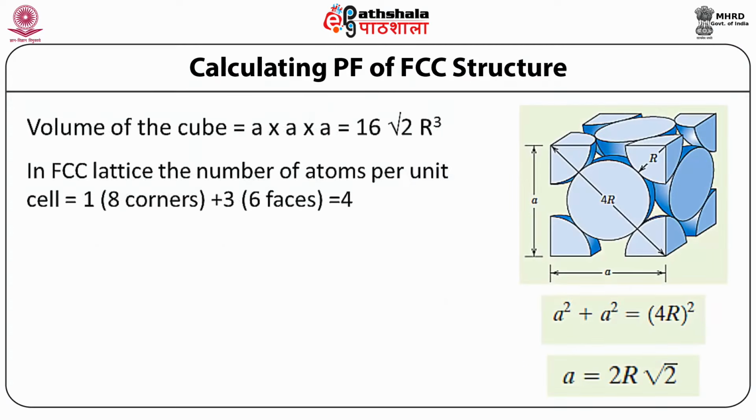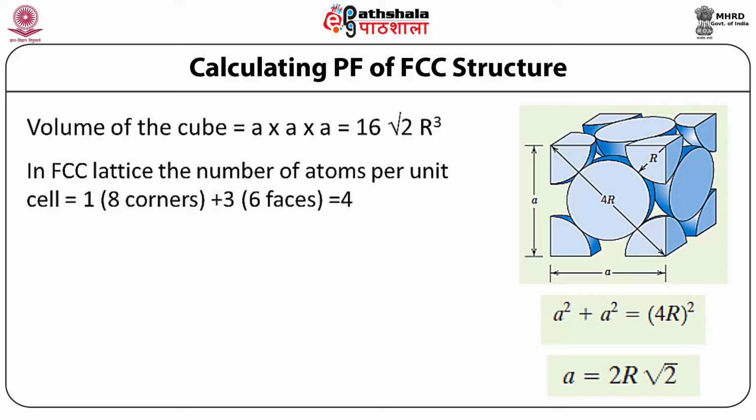Now this is another example of calculating the packing fraction of the FCC structure, that means face centered cubic lattice. I just would like to mention that here we see that there are 6 faces in this structure. So half of an atom is contributing from each face. So that makes 3 atoms coming from the faces and 1 atom from the vertices.